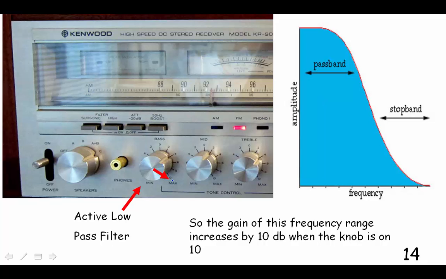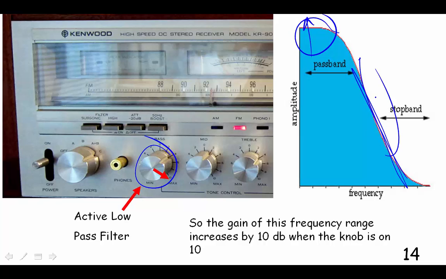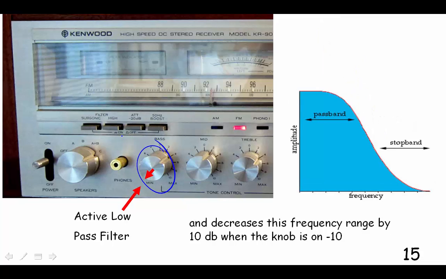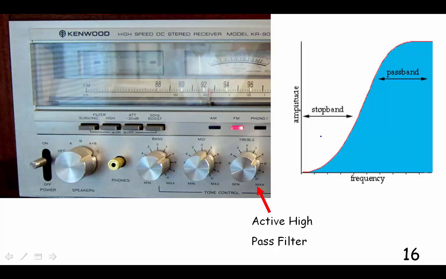So when we turn the knob way up at 10, it's increasing the gain of those frequencies, and you get higher amplitude out for the low frequencies, but the higher ones are being attenuated down here so they don't sound as loud. And then if we turn our gain down to minus 10 dB, that means it's cutting everything in our active low-pass filter down by 10 dB. So the low end is being cut.